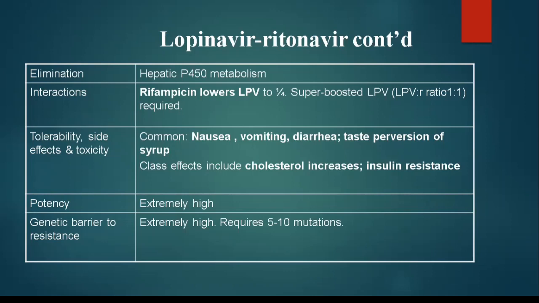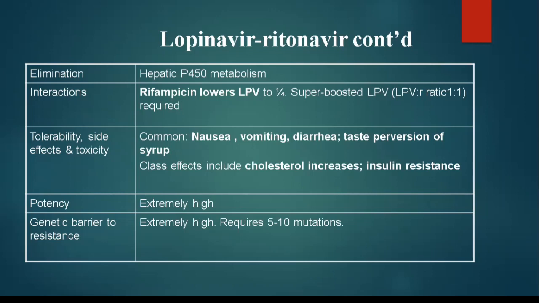Therefore, you should super boost LPV, which is lopinavir, to a ratio of 1:1 as required.